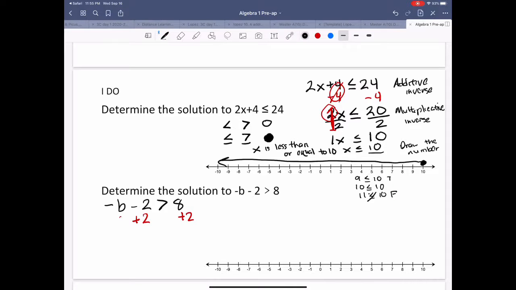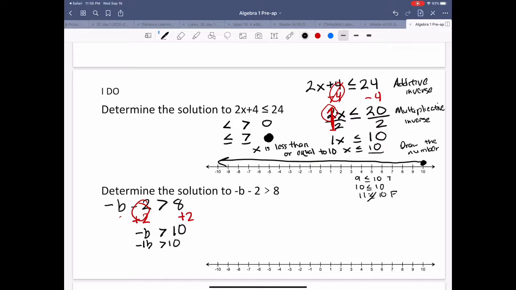And again, negative 2 plus 2, that zeroes out. You're going to drop down to negative b. And 8 plus 2 gives you 10. Now what's going to happen here is I'm going to rewrite this, because since it says negative b, essentially that is saying negative 1b is greater than 10.